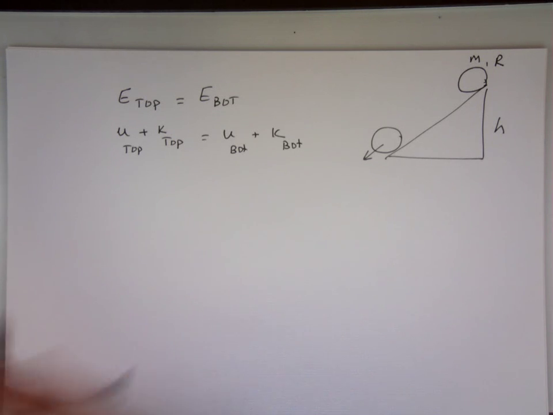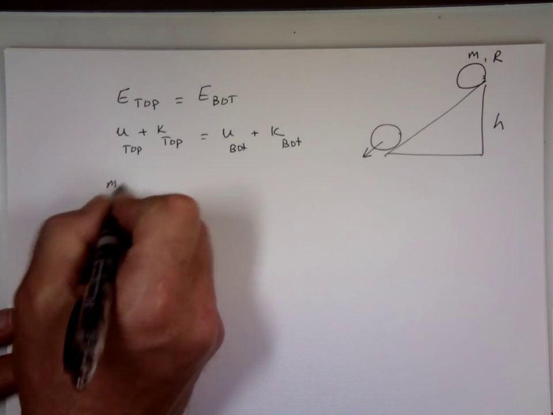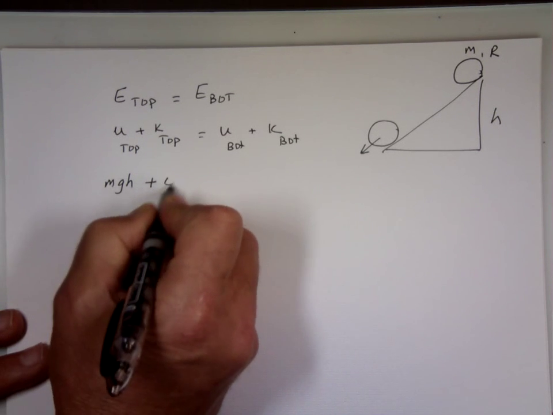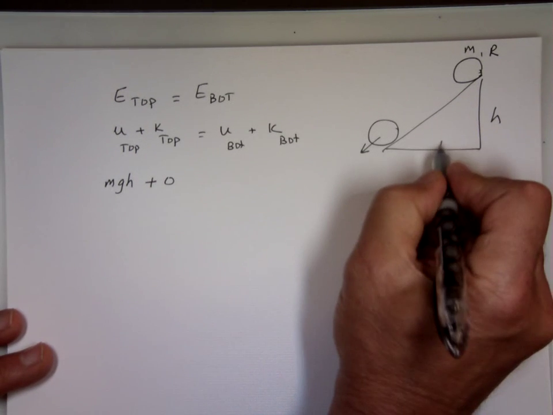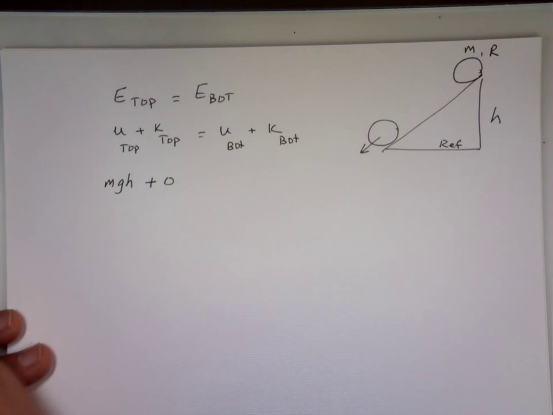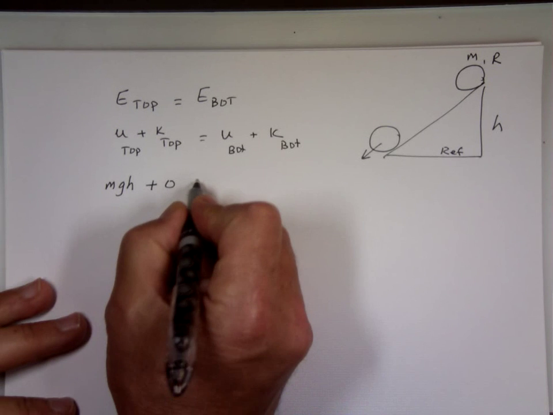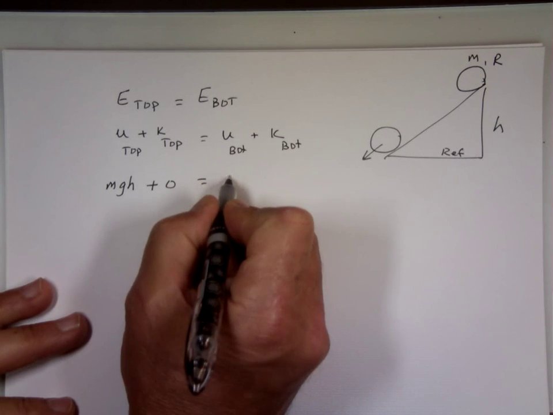The mass is the same, gravity is the same, the height is the same. Kinetic energy is 0 at the top. This is my reference for the height. At the bottom, potential energy is 0 because there's no height.